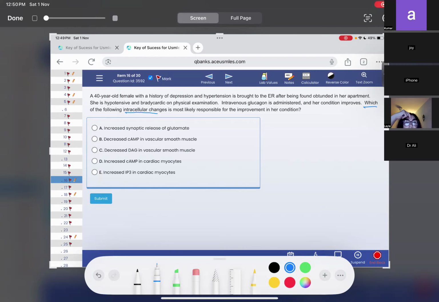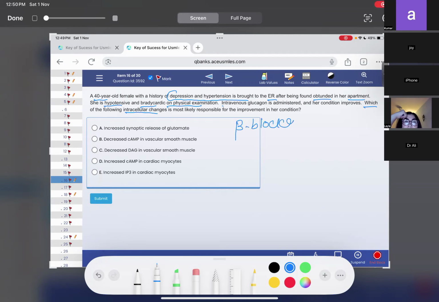So they are asking about a 40-year-old female with a history of depression and hypertension, brought to the ER after being found unconscious in her apartment. She is hypotensive and bradycardic on physical examination. These are the side effects of which drug? Can anybody name it? Beta blocker, maybe. Beta blockers. Excellent.